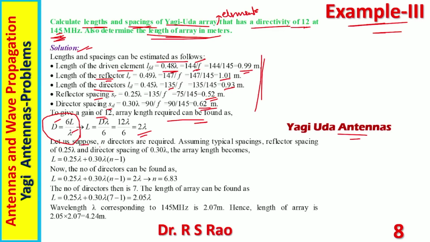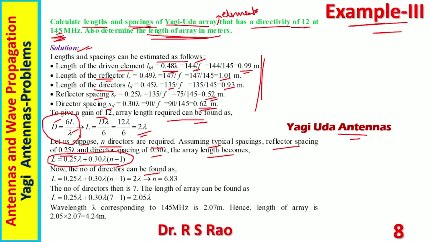Let us suppose n directors are required. Assuming typical spacings, reflector spacing of 0.25 lambda and director spacing of 0.30 lambda, array length becomes, this relation we have used in the previous problems too, so no difficulty in understanding. Now the number of directors can be found from this relation.